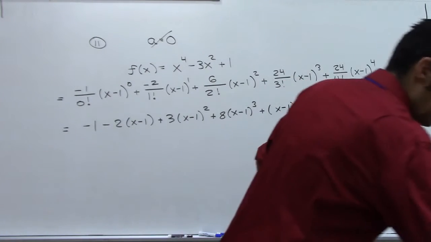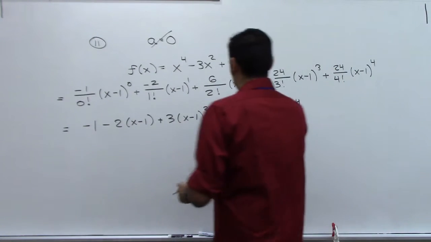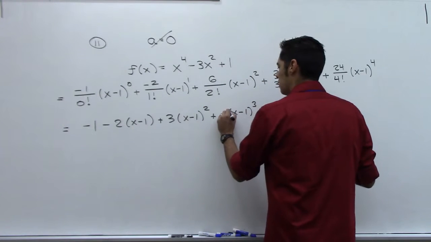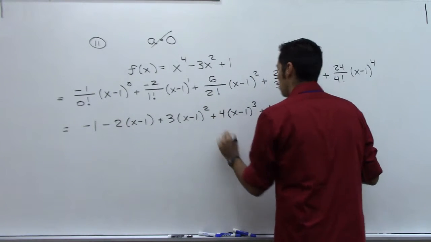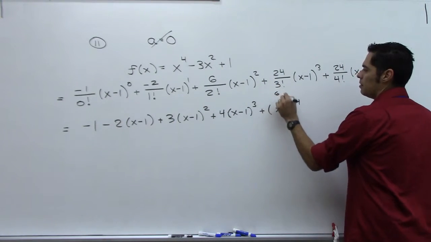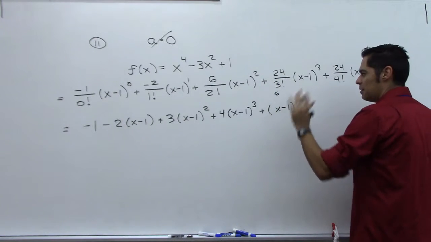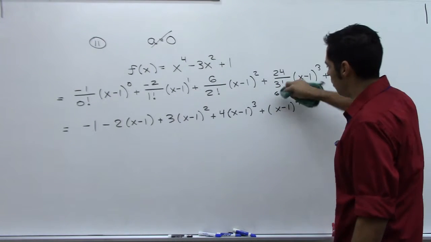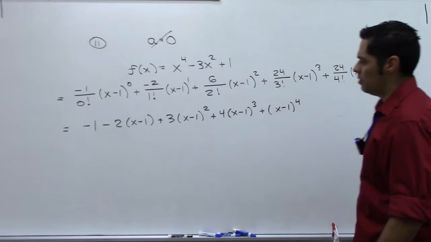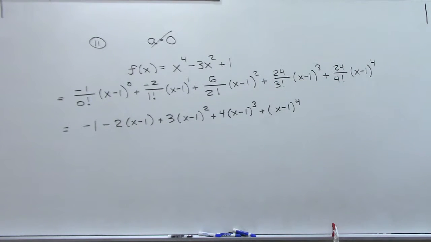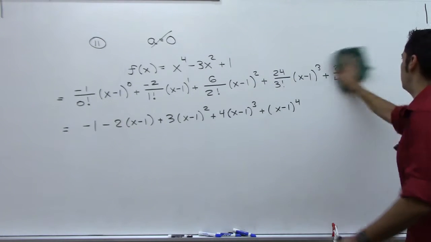It's my first problem. Cut me some slack here. This is not 8. That's 4. Okay, this was 6. 24 divided by 6 is 4. I did 24 divided by 3, which is 8, but it's 3 factorial. All right, well, got to get warmed up here, okay?